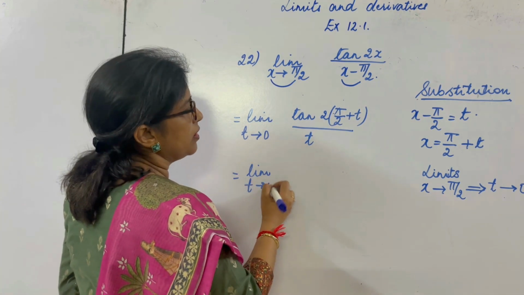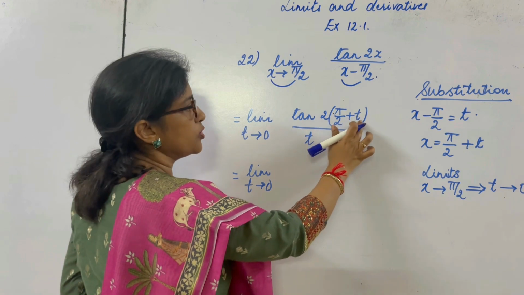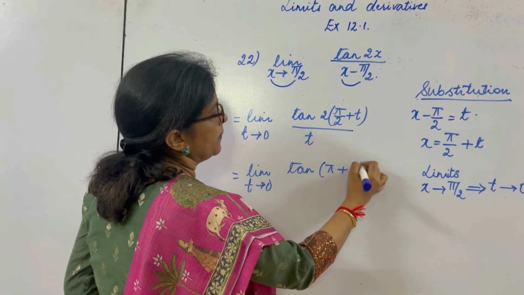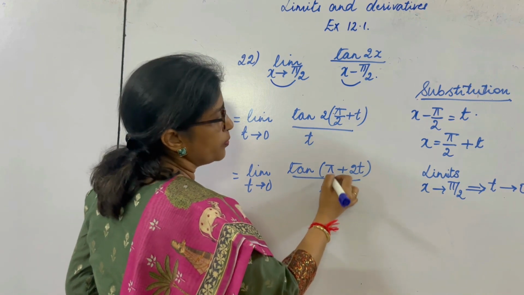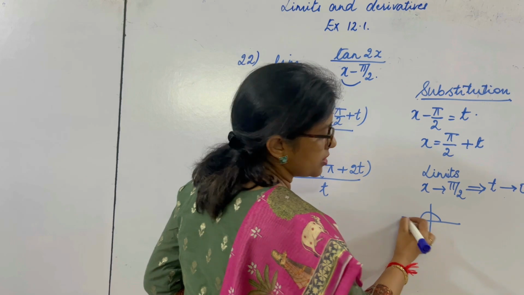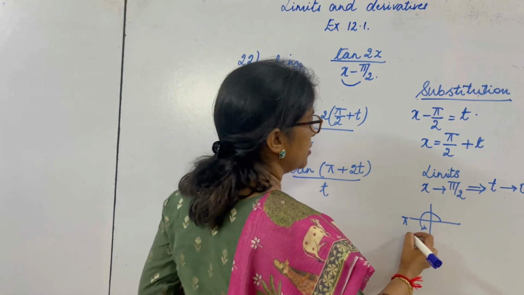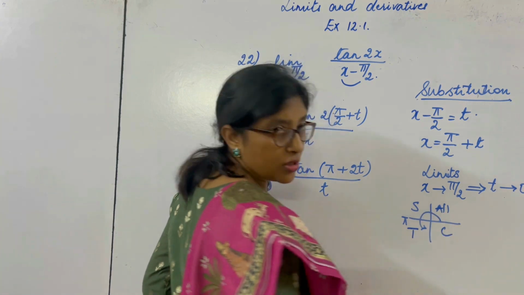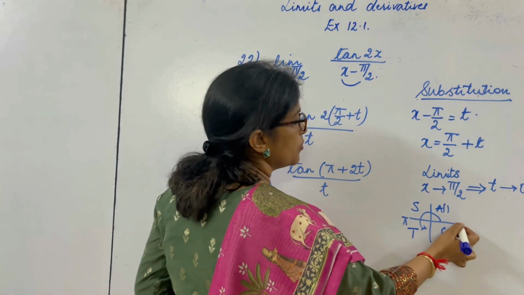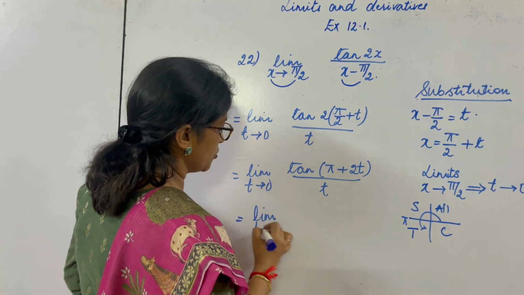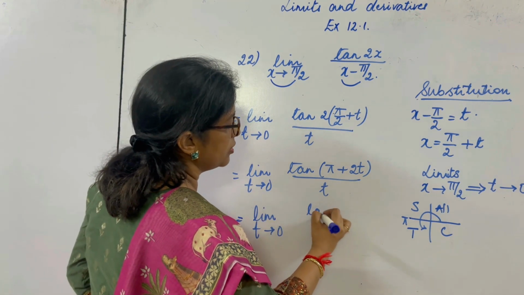Because the angle now is 2 into pi by 2 plus t, let's simplify this first. Pi plus 2t, and we know pi plus means it is third quadrant, because this value is pi. It is third quadrant. In third quadrant, tan is positive, according to all sin tan cos, tan is positive. We are moving along the x-axis, so tan will remain tan. It's going to be positive. You have tan 2t.